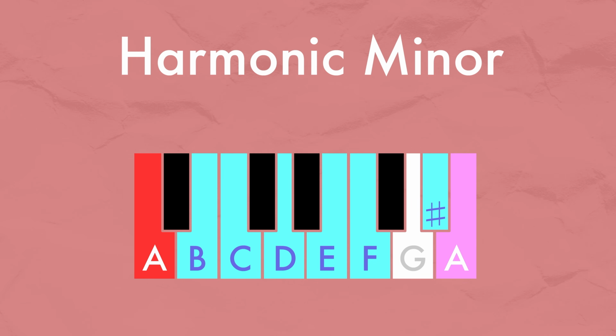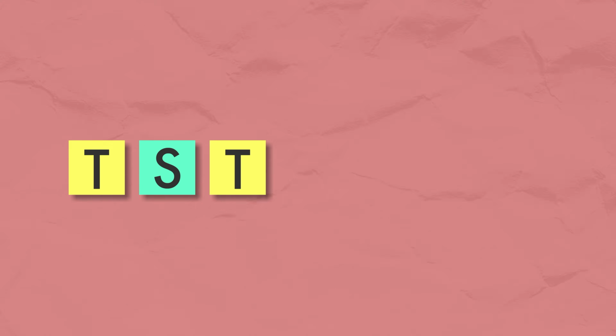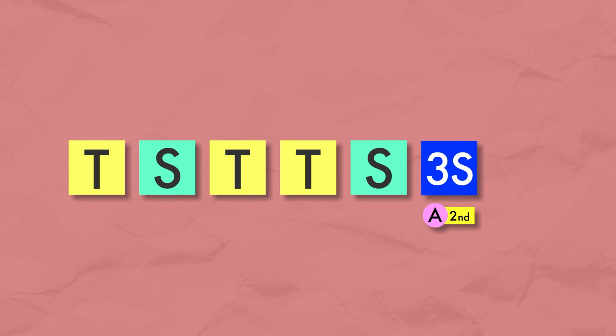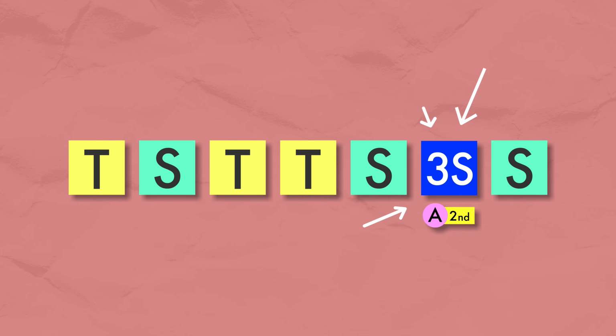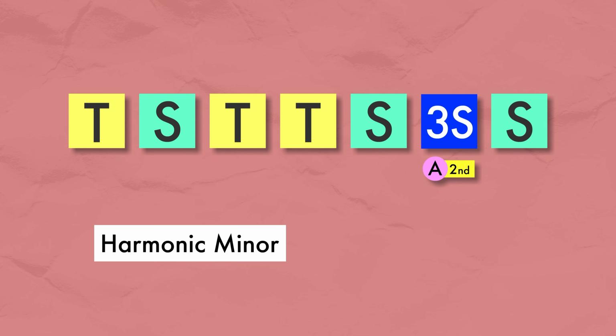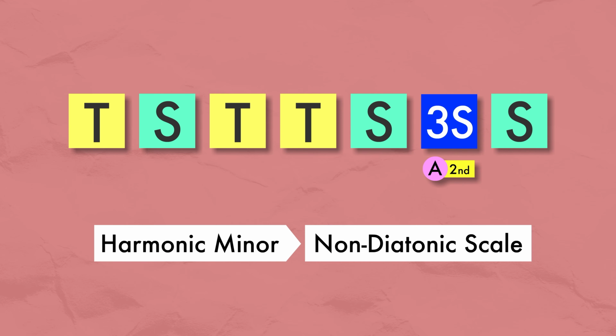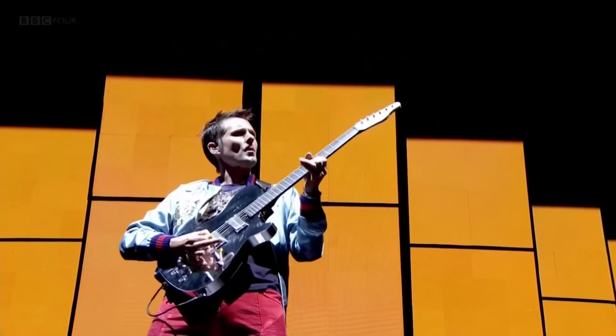So the harmonic minor scale's formula ends up being tone, semitone, tone, tone, semitone, augmented second, semitone. As you can see, there are 3 semitones in that formula, and also that larger augmented second step, which is why the harmonic minor is not diatonic. You're probably already quite used to hearing this scale, as it's used across a wide range of classical, pop, rock, and metal music.